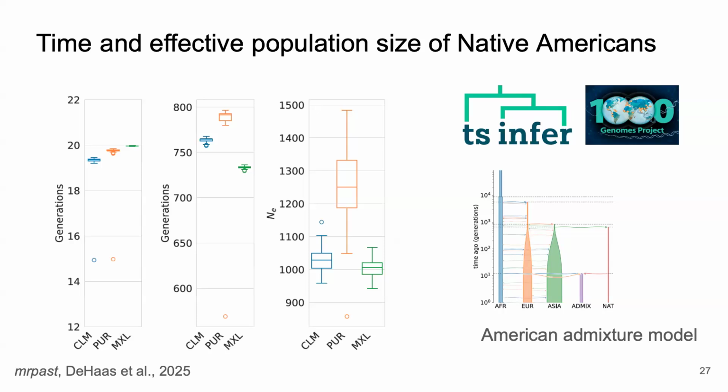And we also estimated the time of the split between East Asians and Native Americans, and that's estimated to be around 7,500 generations ago. The effective population size estimated for Native American is very small overall, but with the caveat that we're using a single parameter to represent this, and there may have been a historical and a recent bottleneck, but overall, when we use a single parameter to estimate this, we see a relatively small effective population size.